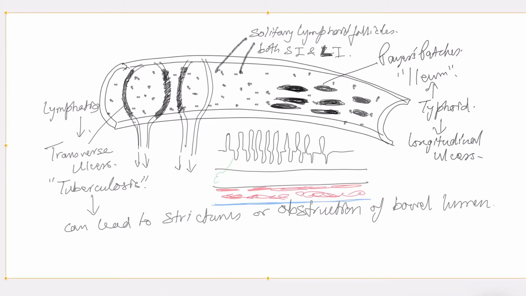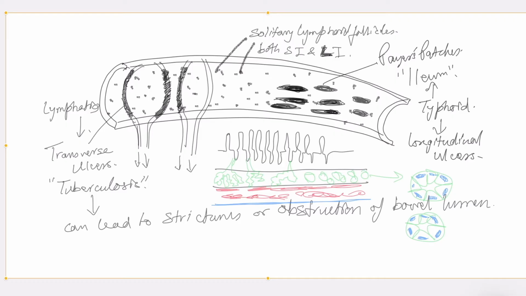Brunner's glands are compound tubuloacinar glands found in the submucosa of the duodenum. On cut section you will find them like this. These are acini. They are mucus glands, so they will have a flattened basal nucleus, and they will not take good stain because they are not secreting zymogens.